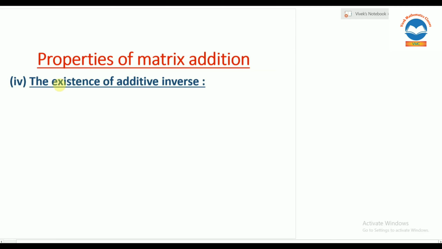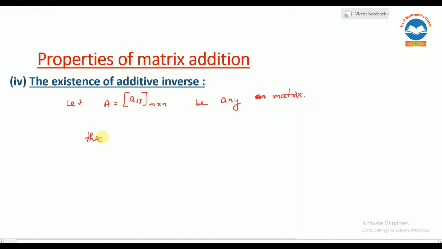Okay. So let's say we have taken a matrix A. A is Aij, m cross n. Let's say this is any matrix. Then what can we write?